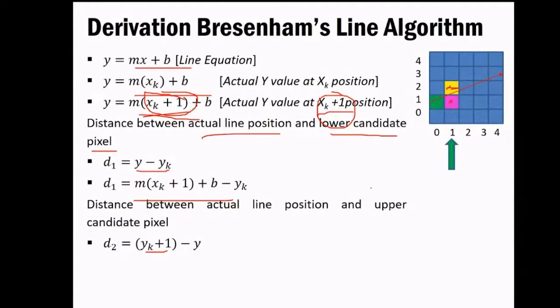So that's why we took this. The next thing that we have is yk plus 1 minus y. Again for the y, you have to take the most recent value of y. In our case we have this value, that is m xk plus 1 plus b, and because of the minus sign that we have, we got minus b.